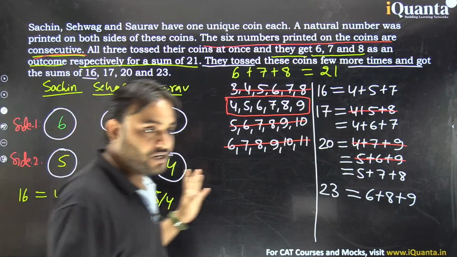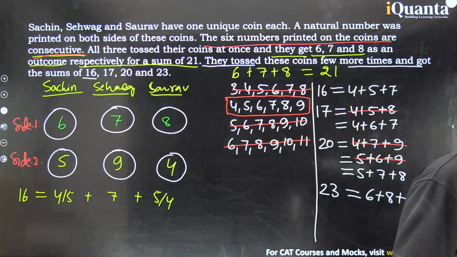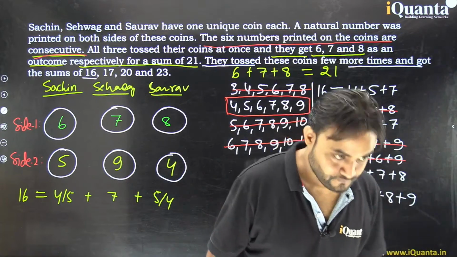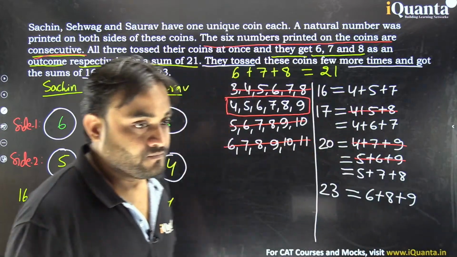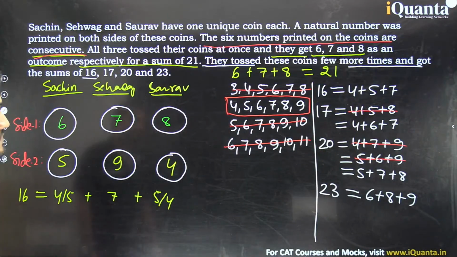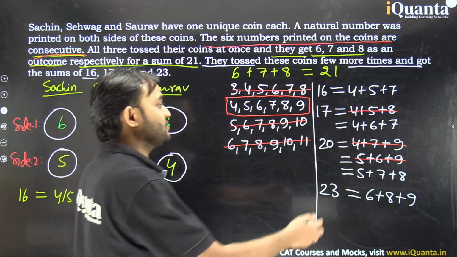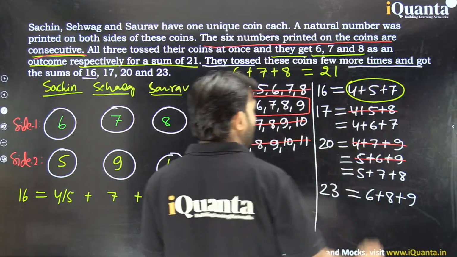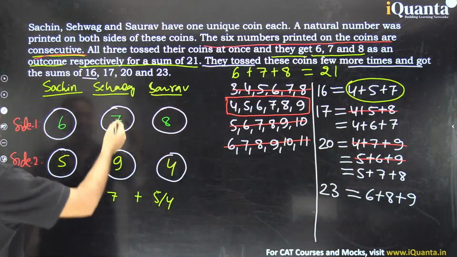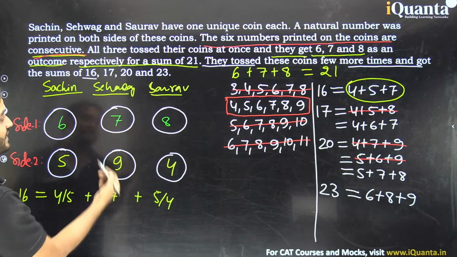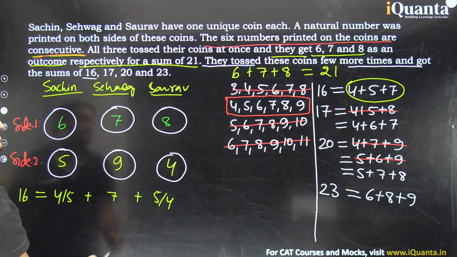Okay guys, all good? There is only one possibility of 16. How hard is it to understand that if there is a 7, it must be against Sehwag.